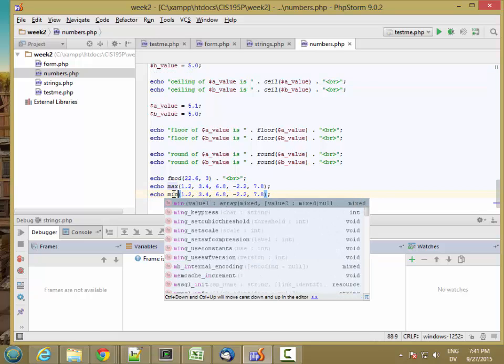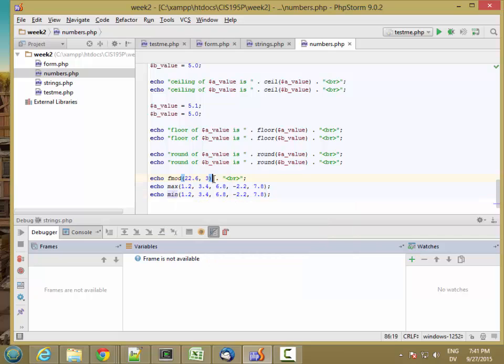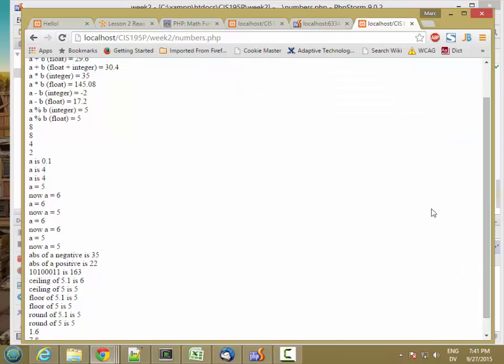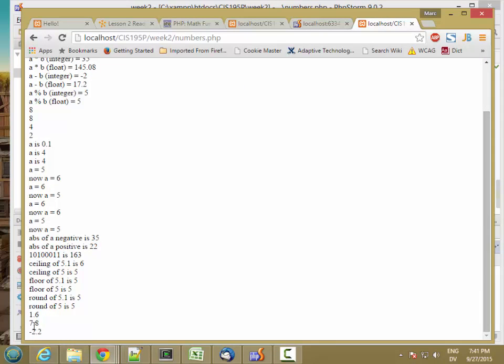The min should be minus 2.2. So the max is 7.8 and the min is minus 2.2.